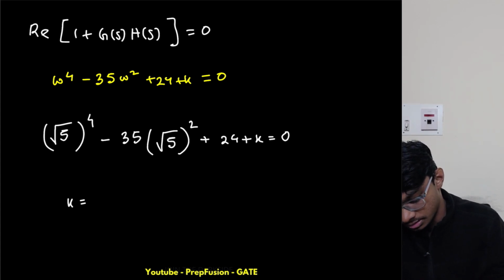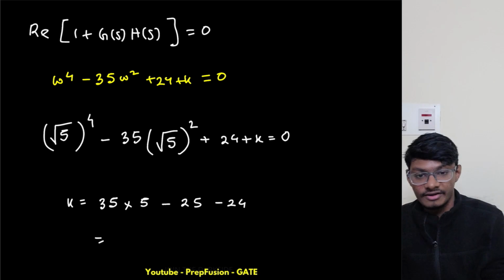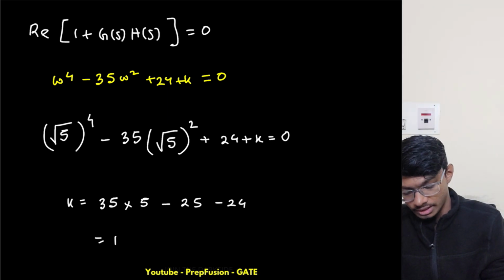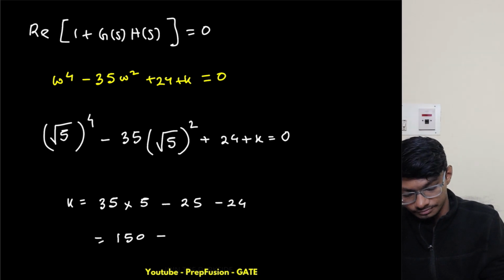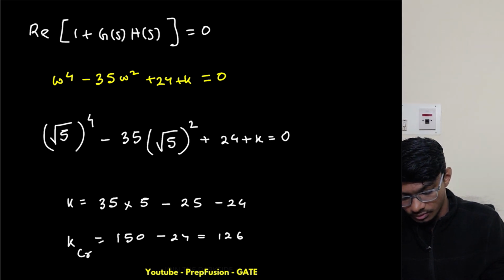This is 35 into 5 minus 5 times 5, minus 24. 35 times 5 is 175, and I am subtracting 25, so it becomes 150. So 150 minus 24 equals 126. So this is my value of k crossover, k cross.